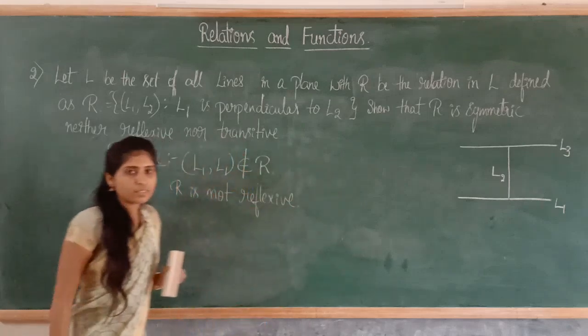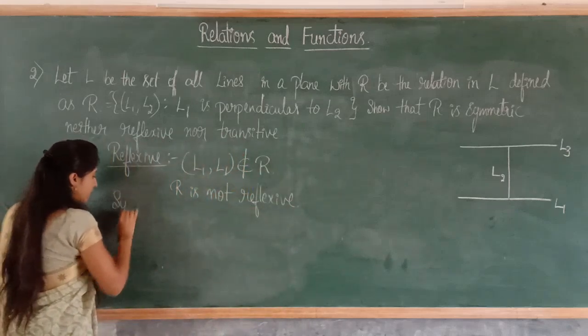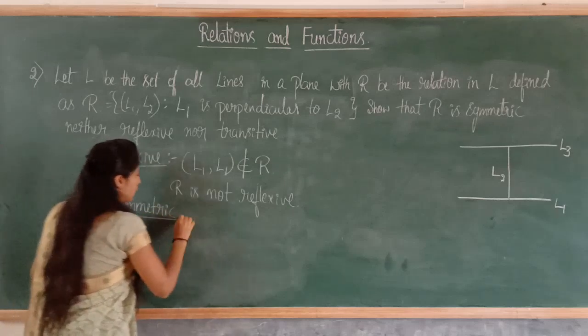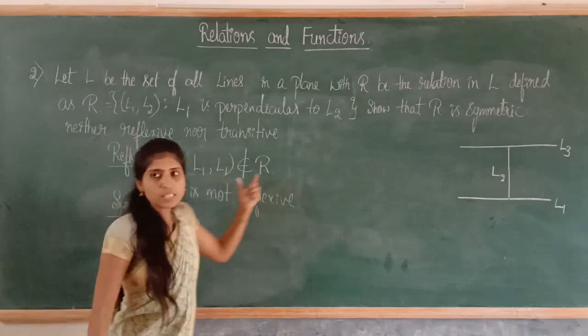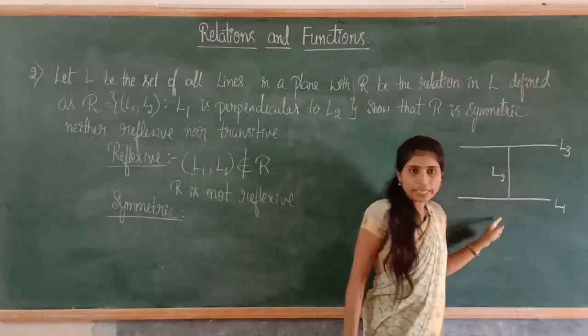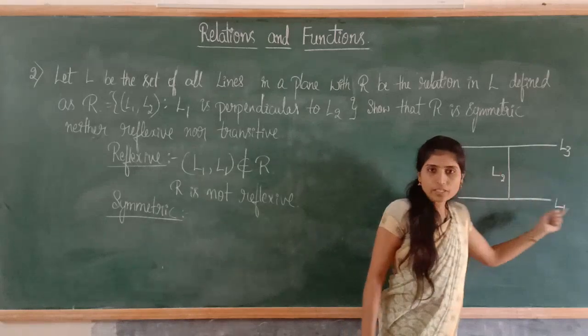The next condition is symmetric. In symmetric, what did they tell? L1 is perpendicular to L2. See the figure. Here L1 is perpendicular to L2, and of course L2 is also perpendicular to L1, right?